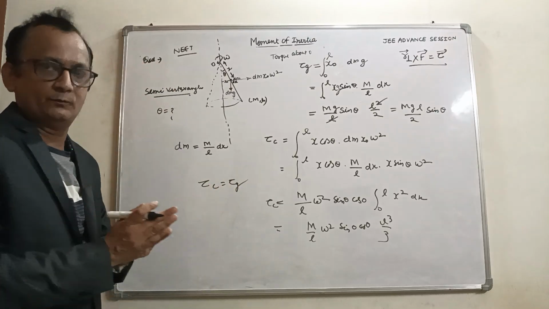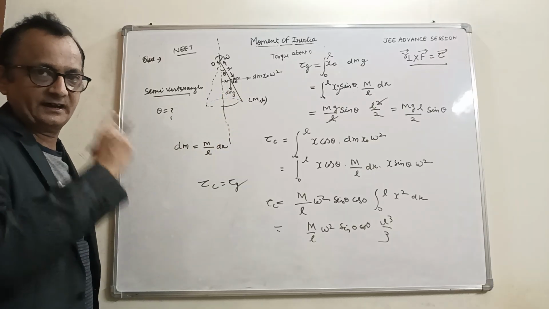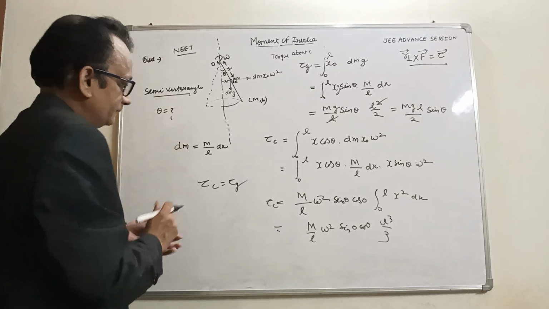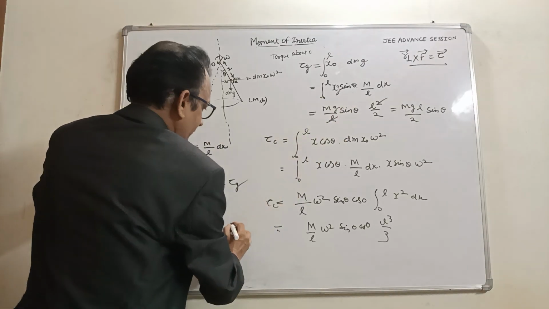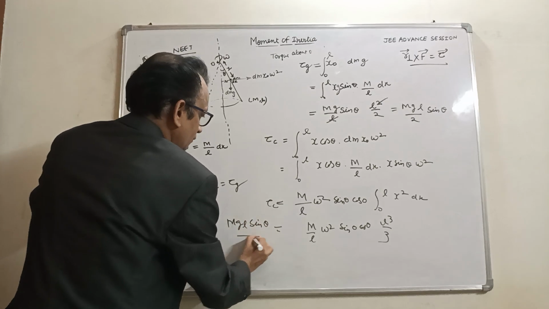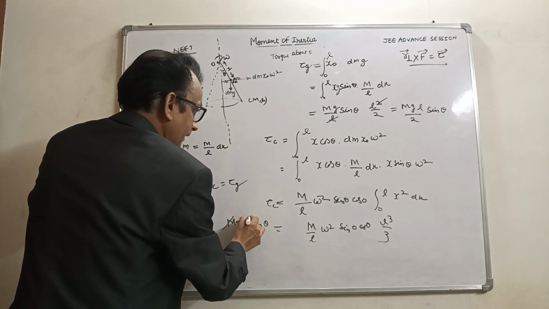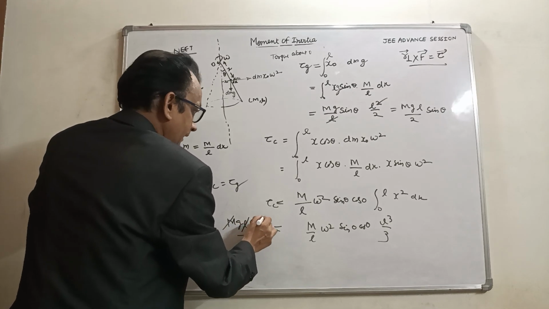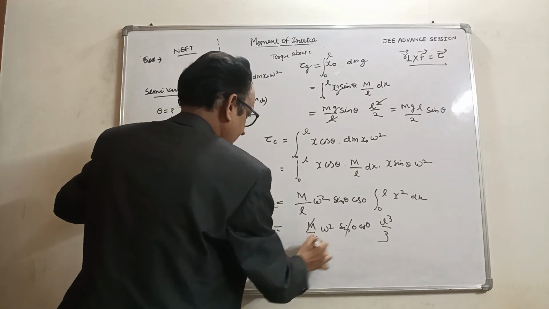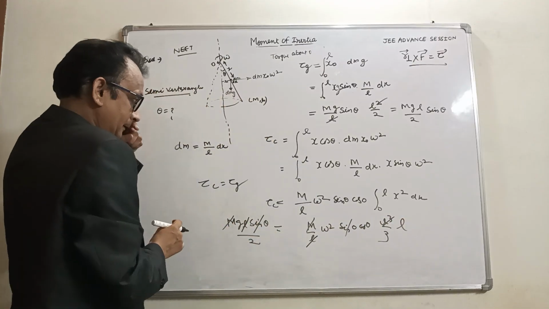So tau c would be equal to tau g. Both torques would be equal for the equilibrium, for its motion. Motion would be conical here. So this would be equal to mgl sin theta by 2. The m and l and sin theta cancel, and this becomes l square, so one l is cancelled here.